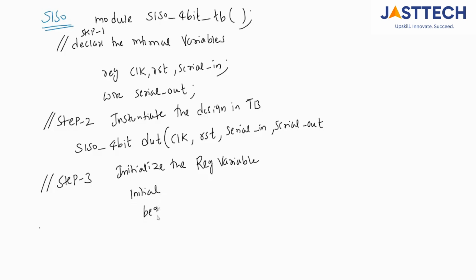Initial begin, and by using the concatenation operator, clock, reset, and serial underscore in, I'm initializing to 0. End. Step 4, generate the clock.